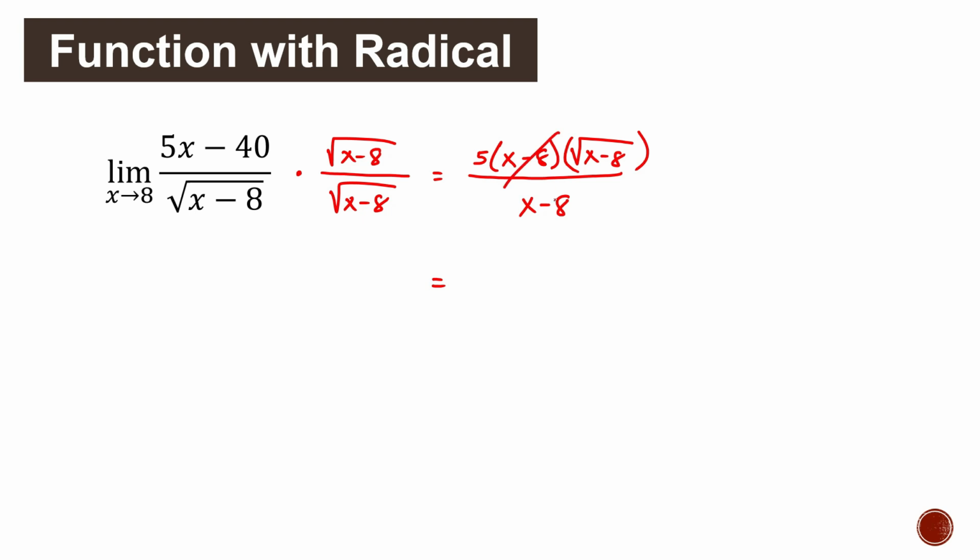And there you go, we can cancel the x minus 8. So this is 5 times the square root of 8 minus 8, and this will just be equal to 0. 8 minus 8 is 0, square root of that is 0, times 5 is equal to 0. Okay, so let's check the next example.